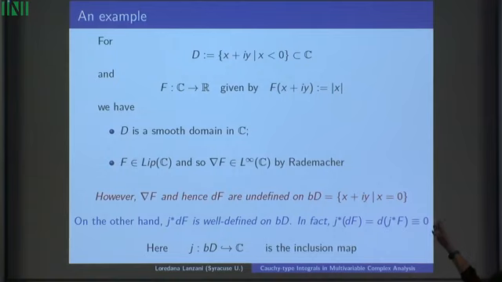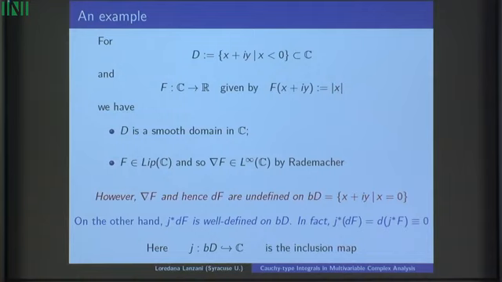The domain is clearly smooth. It's a half plane. And f is obviously Lipschitz. So Rademacher tells you that its gradient, these partial derivatives in x and y, are in L infinity. However, when you compute the restriction of the gradient to the boundary of that domain, you run into trouble, because you're differentiating the absolute value, and then you're taking x equal to 0.